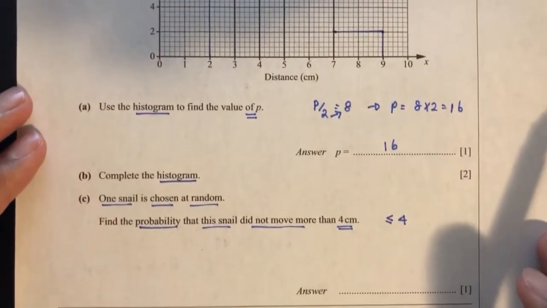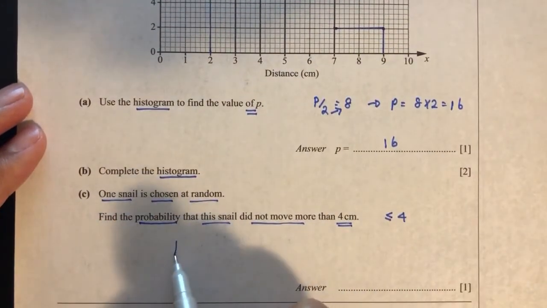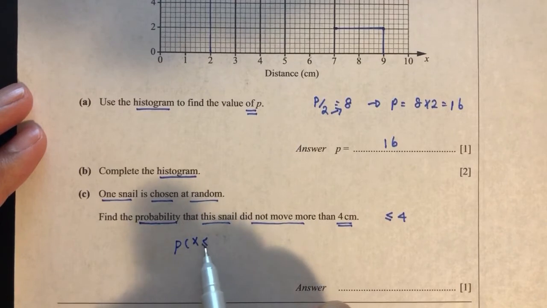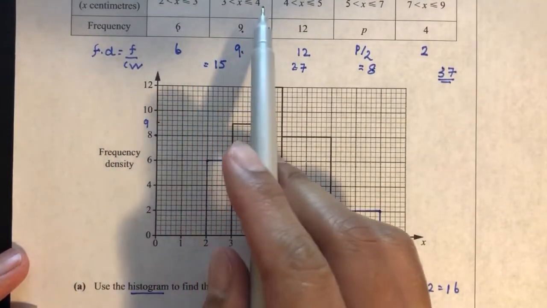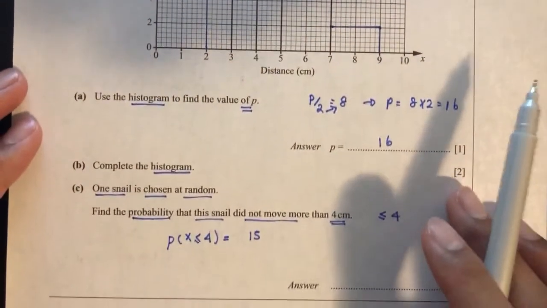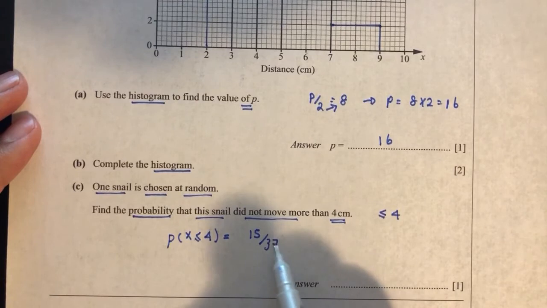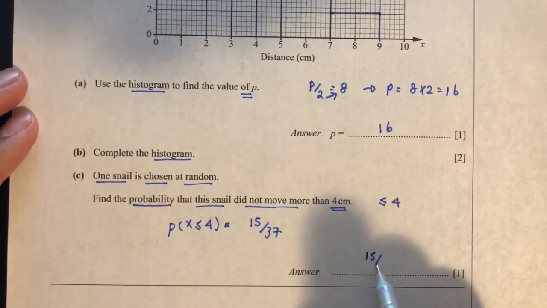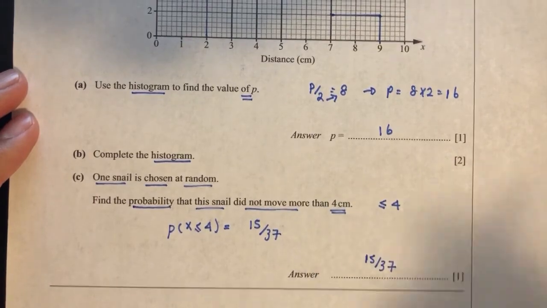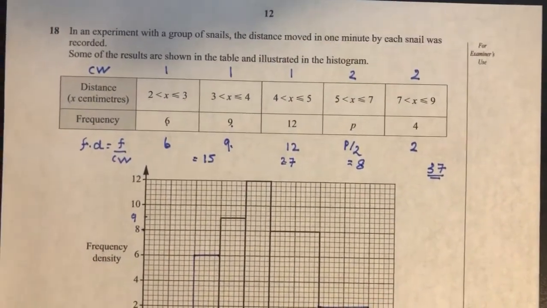So here we find the probability of x less than or equal to 4. It becomes 15, which is these two, less than 4, divided by 37 snails in total. Your answer becomes 15 divided by 37. And that is for question number 18.